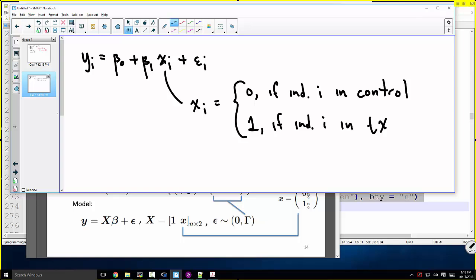And we saw in our first regression notes that this is a bona fide regression model, even though x is not numeric. It is a valid model representation. And inference on beta 1 is inference on the mean difference between treatment and control. Essentially, inference on beta 1 is equivalent to a two-sample t-test.